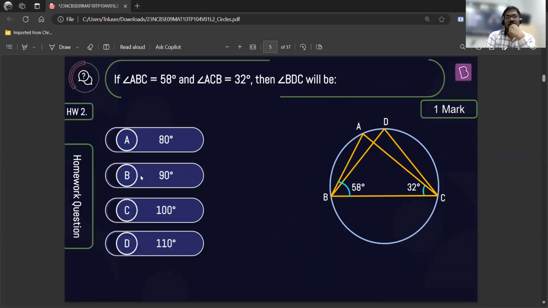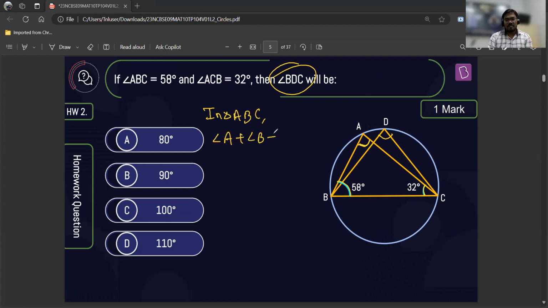The second question on the screen now is quite easy compared to the previous one. In triangle ABC, angle B is given, angle C is given. We have to find angle D here, BDC. Basically if we are able to find this angle, then we are almost done. In triangle ABC, angle A plus angle B plus angle C is equal to 180, by the angle sum property.